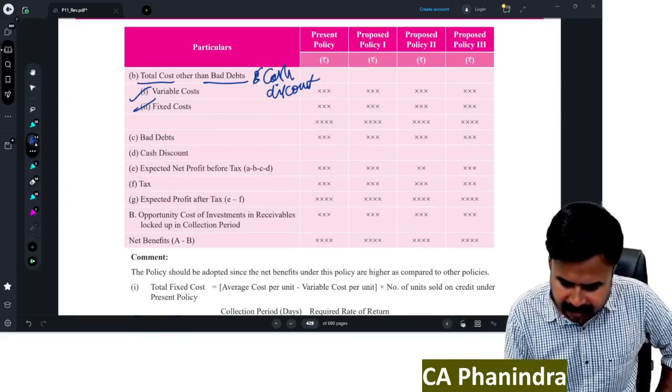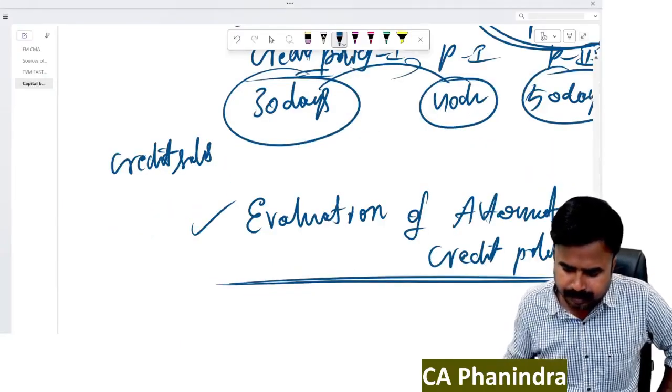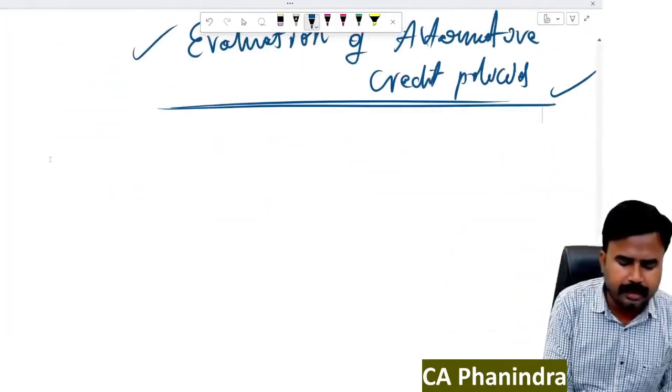I'll write it. That's better for us. Evaluation of alternative credit policies.